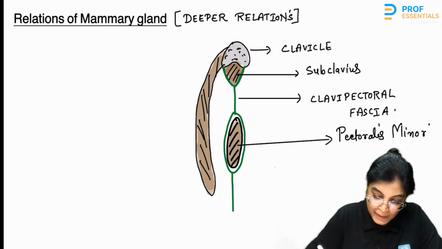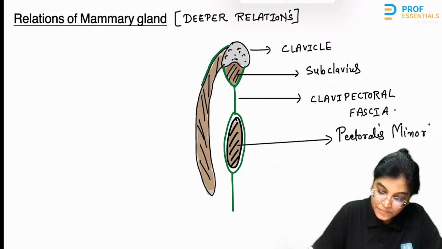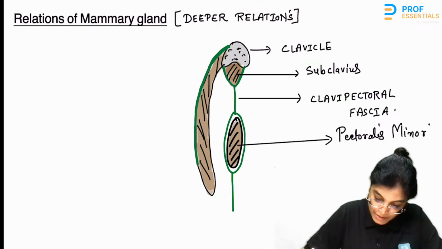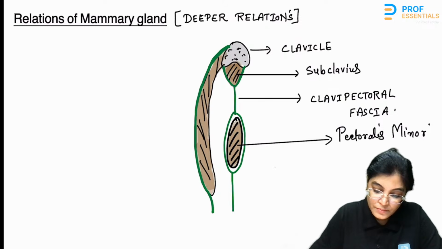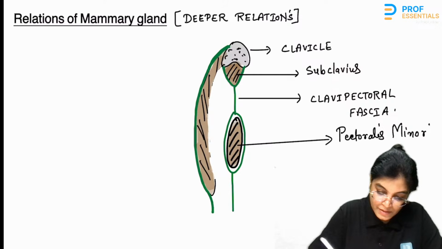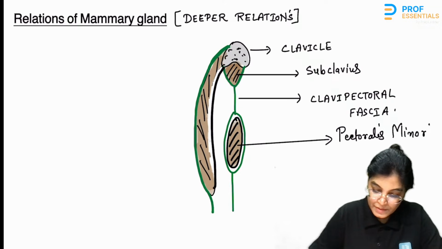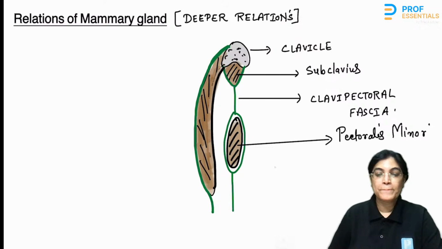Close to it we will use green color to make the pectoral fascia. Is it okay? If you want, we can thicken this. So this is the pectoralis major muscle.